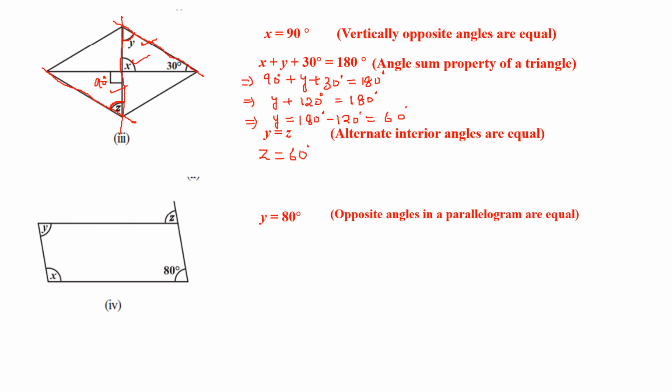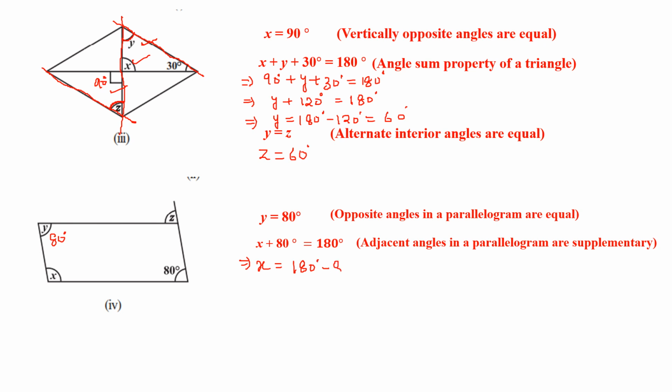So once you get the value of y as 80 degree, now think about it. x and 80 degree, they both are adjacent angles, right? And we know that adjacent angles are supplementary. So can I write x plus 80 degree as 180 degree? Yes, right? Now from here I can calculate the value of x, which will be equal to 180 degree minus 80 degree.